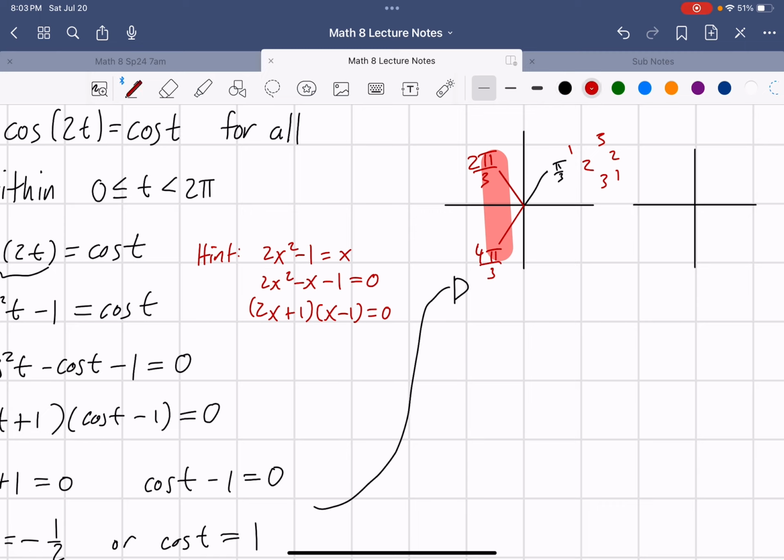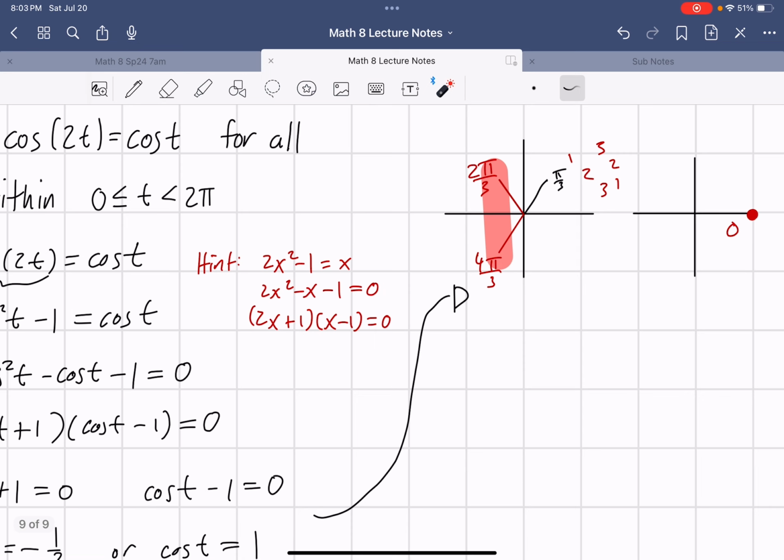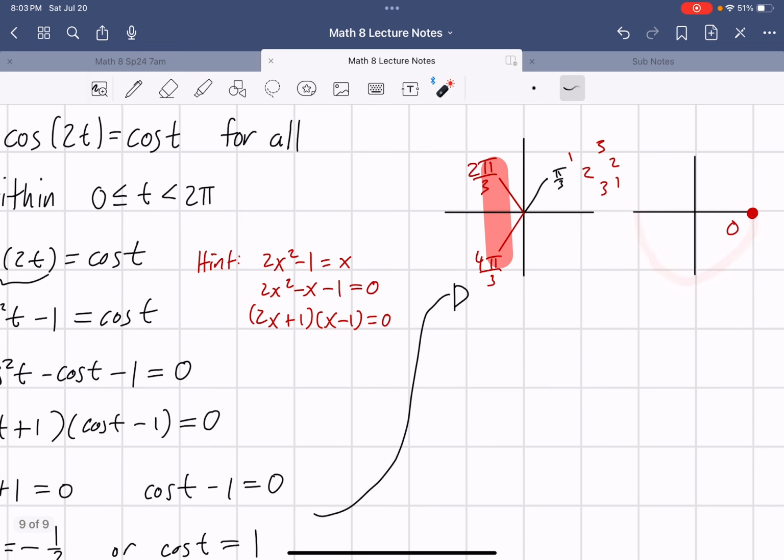That happens right at the beginning here. So that's just at 0, because on this end, this is when it's negative 1. And I'm not including 2 pi just because if I include 2 pi, then that would also be another place where cosine is equal to 1.